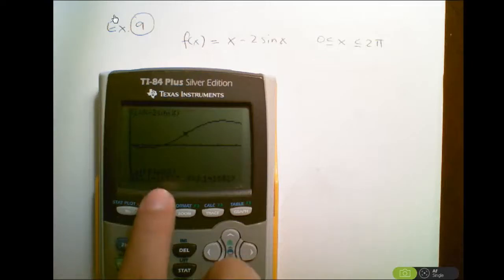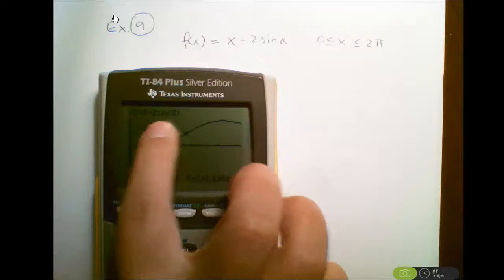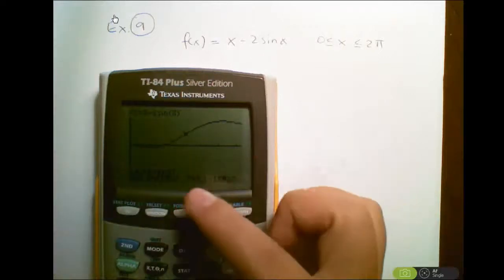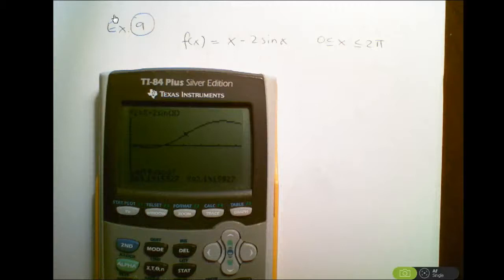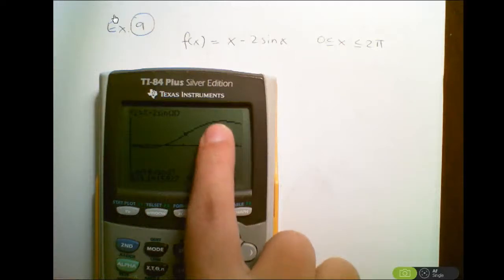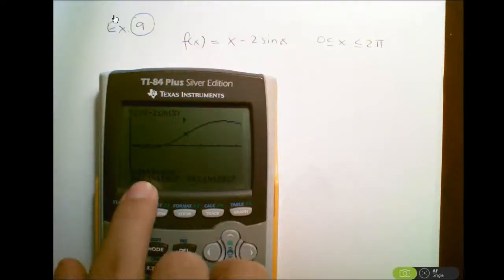Now the calculator is asking me, first of all, what function. So you see the function is x minus 2 sine of x. Then the calculator wants to know what is the left side of this maximum. So if I know the maximum is right here, I want to put this blinking dot anywhere to the left of that dot. Now over there is fine. Now it says right bound.